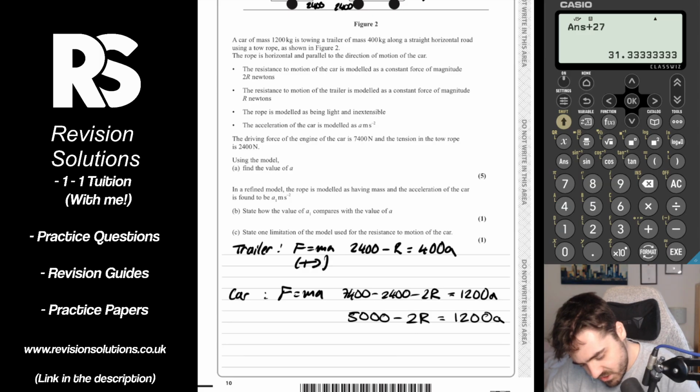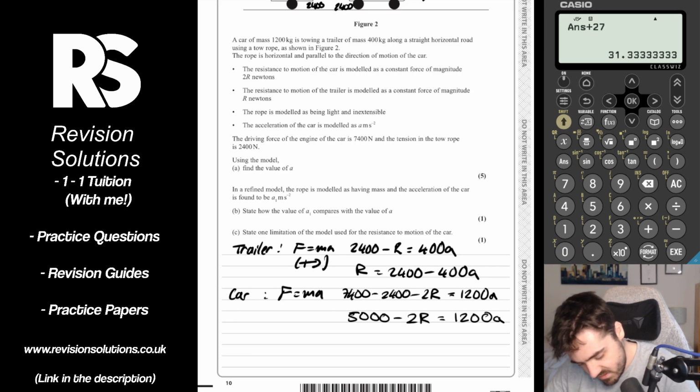And then we want to find a, sorry, so let's rearrange the first equation for r. r would equal 2,400 minus 400a.